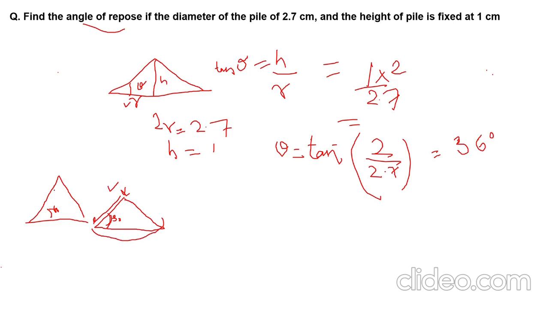But if the angle of repose is large, that means the particles are getting accumulated on the pile and they're not easily flowing downwards. So the flowability of the particles is bad. So based on the angle of repose you can say if the flowability of the powder particles is good or bad. Is it clear?